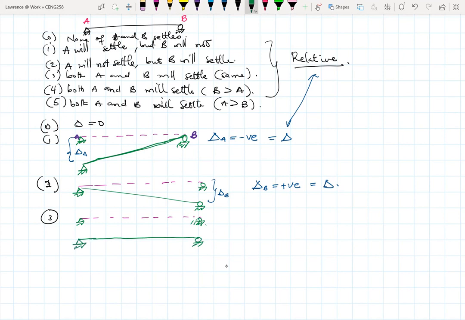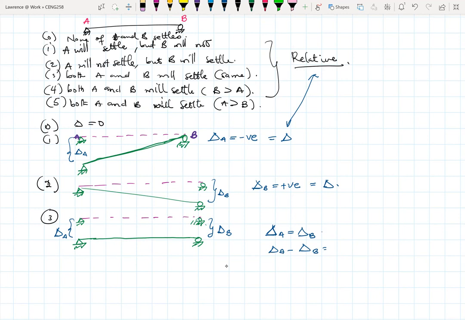Okay, good. So here we have delta A, and also delta B. Because they both underwent the same settlement, it means that delta A is equal to delta B. If they both undergo the same displacement, then there's no relative difference between the two, which means that delta A minus delta B will give us 0.